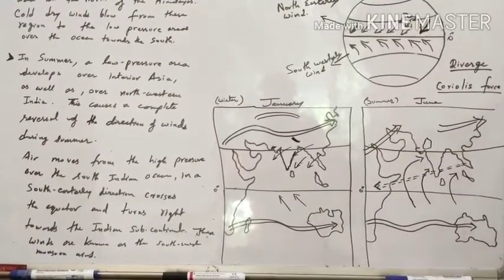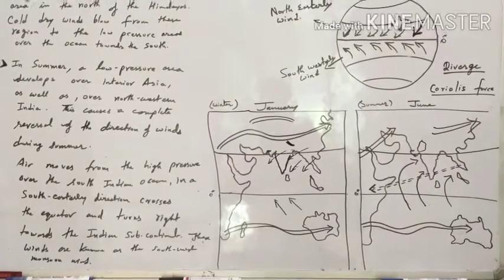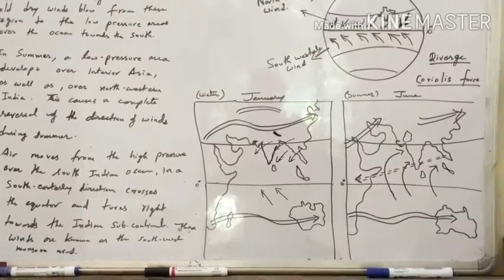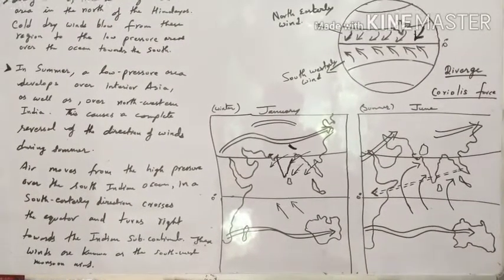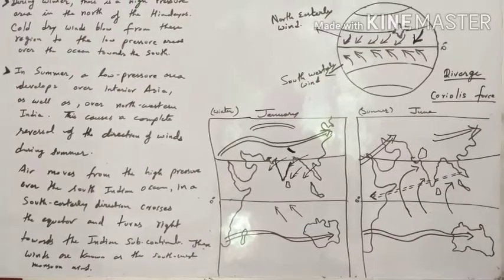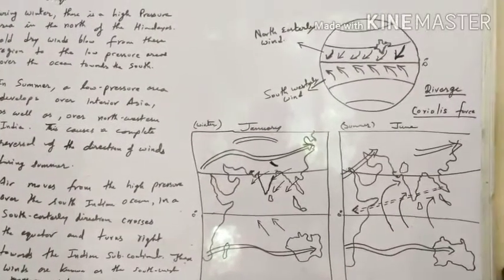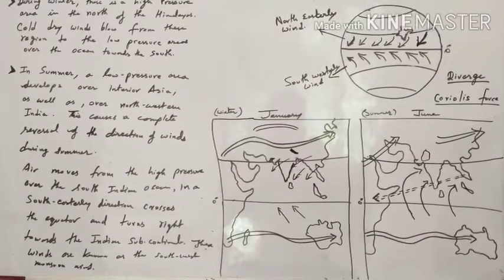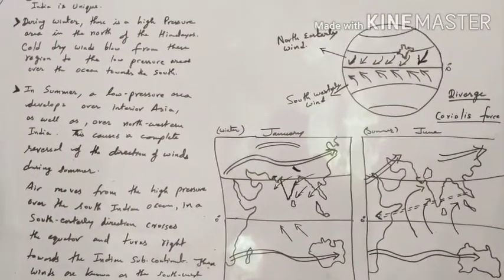In this region the Thar Desert lies, and we know that the Thar Desert is very hot during summer, so obviously there will be low pressure there. On the northern side you have seen Mongolia, and some desert regions which also get heated up very fast during summer. Then the low pressure is created.